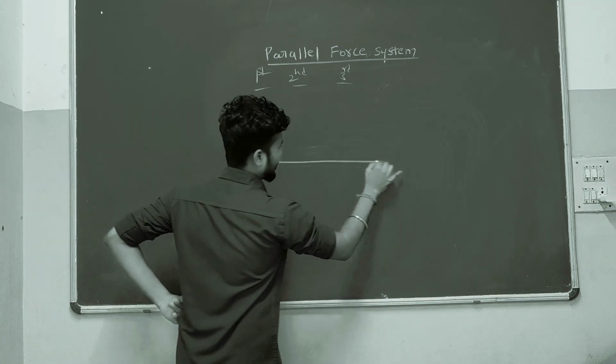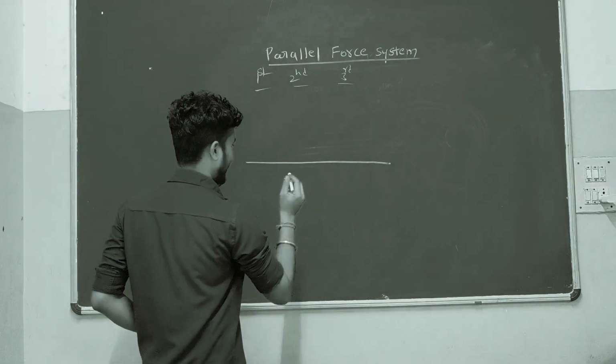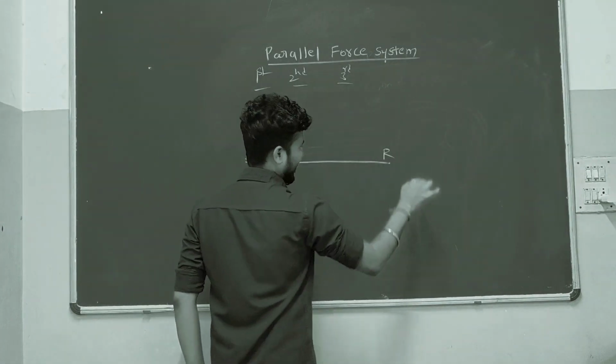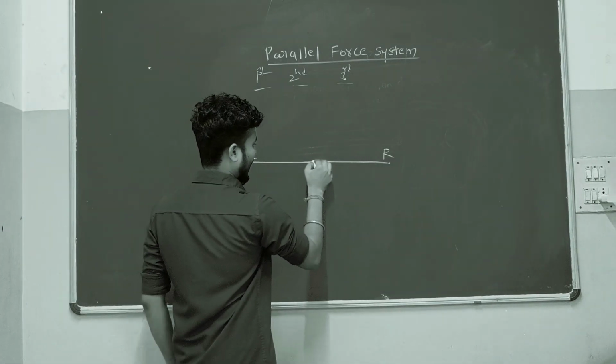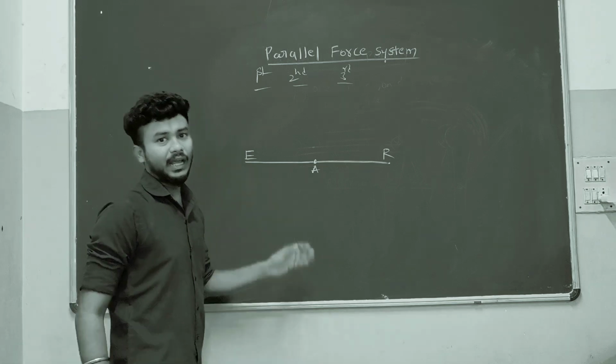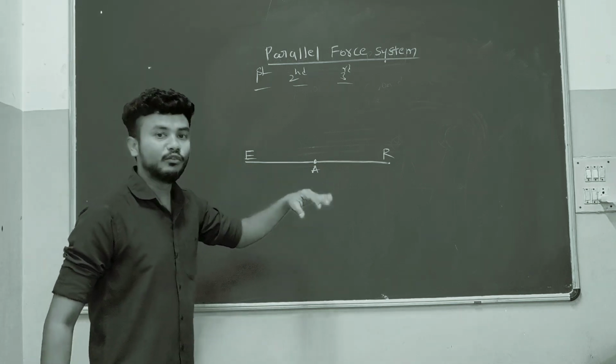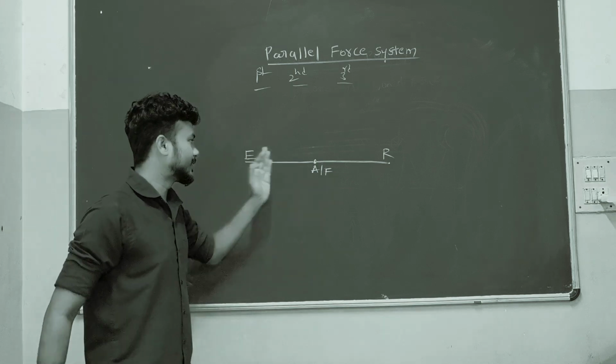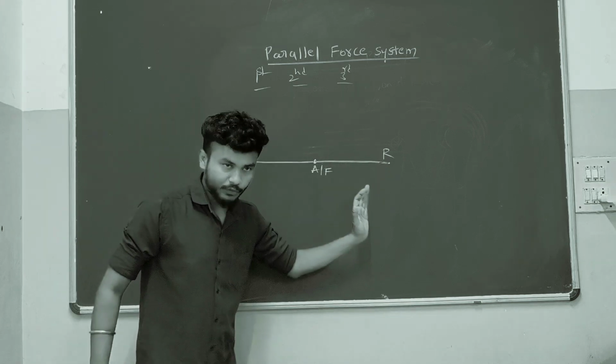Here the lever will be there, and at one end the effect will be there, at the other end the resistance will be there. In the middle the axis will be there. Axis means fulcrum. Now this is the parallel force system.